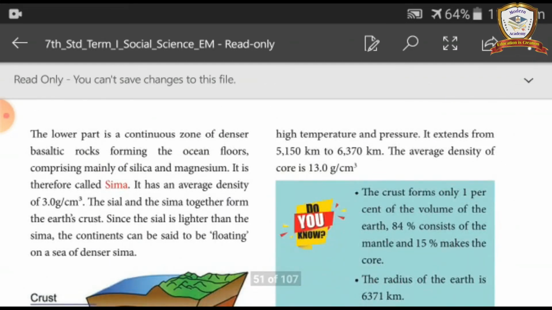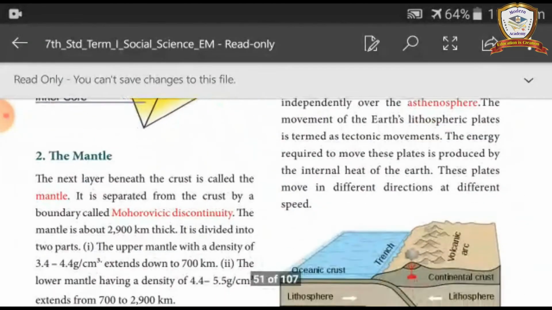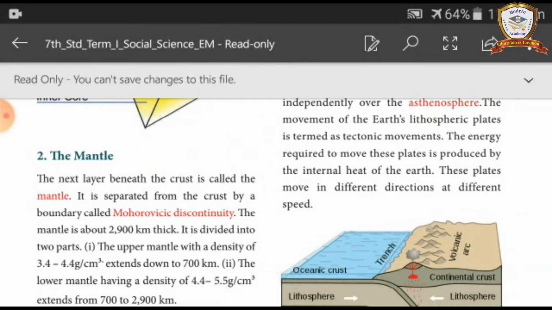The Sial and the Sima together form the earth's crust. Since the Sial is lighter than the Sima, the continents can be said to be floating on a sea of denser Sima.